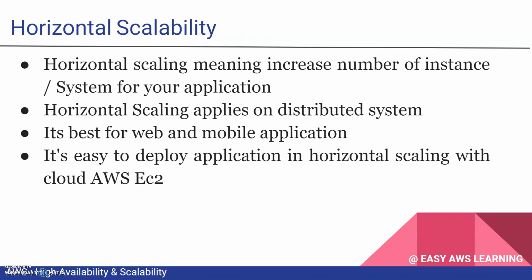The next topic is horizontal scalability. Horizontal scalability means increasing the number of instances or systems for your application. In vertical scaling we increase the configuration, while in horizontal scaling we increase the number of application systems. Horizontal scaling applies to distributed systems, such as web and mobile applications. It's easy to deploy applications with horizontal scaling in the cloud, for example AWS EC2.